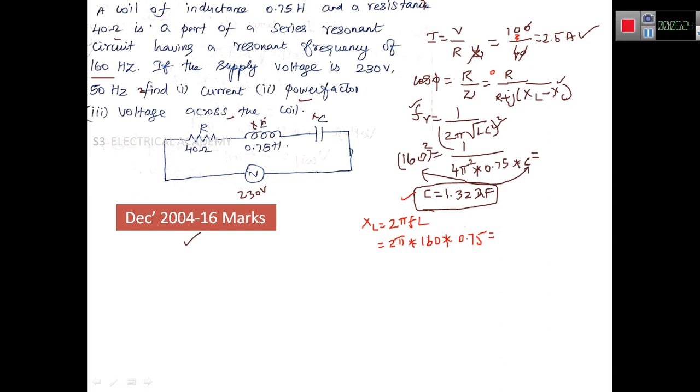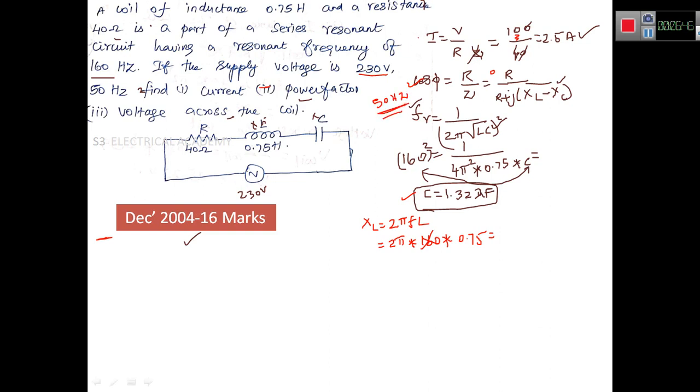Here don't substitute resonant frequency, because read the question carefully. If the supply voltage is 230 volt, 50 hertz, we can determine the current as well as power factor. So here the power factor is asked only for 50 hertz frequency, not resonant frequency.